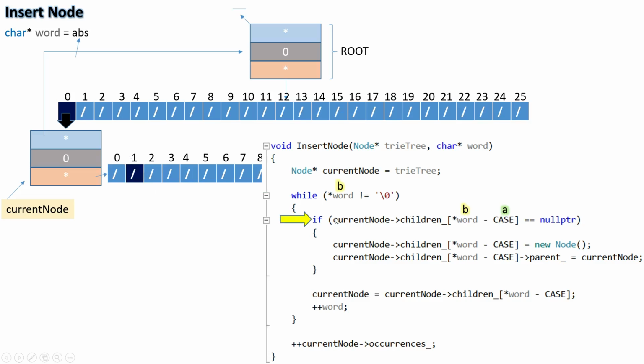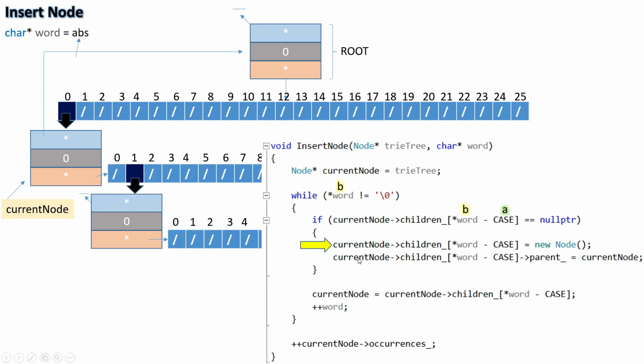So if current node's child, so the children of our current node, if the element 1, which is right here, which represents B, is equal to null pointer, which it is, then that element gets a new node. So for the new node, the parent is null, occurrence is 0.